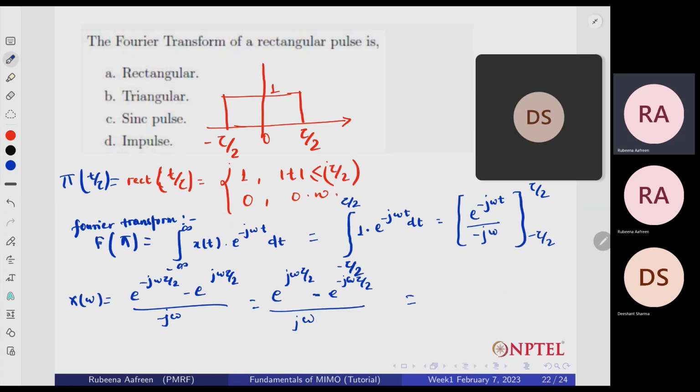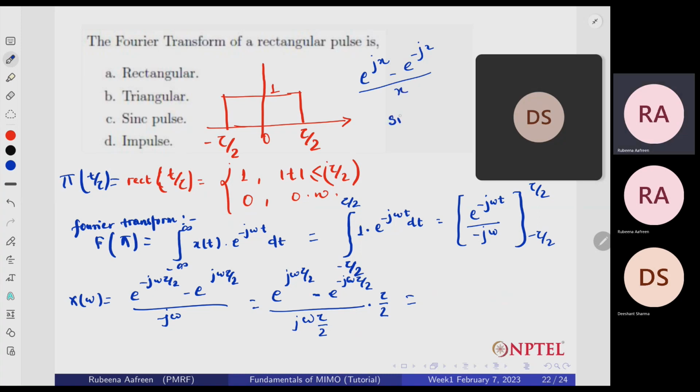Now we can write this with tau by 2 in the numerator and denominator, and then e to the power of jx minus e to the power of minus jx divided by x.